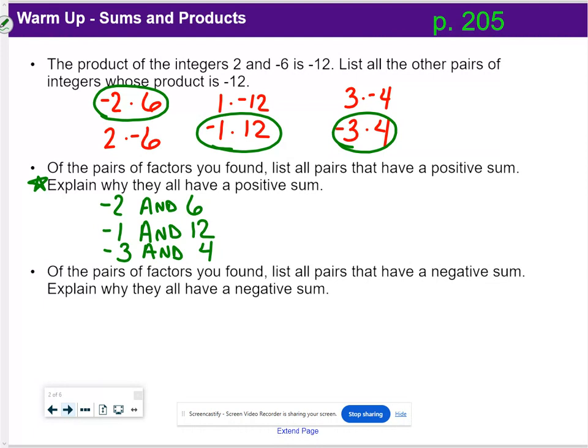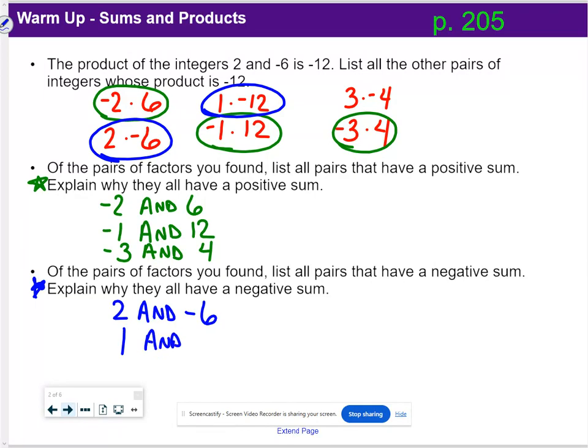The ones that would give me a negative sum, well, it should be the other ones, right? So 2 times -6, and again, I'm going to go right to this explaining part right away because there's more negatives, right? 1 and, notice I'm not writing it as a product right now, -12. There's more negatives.